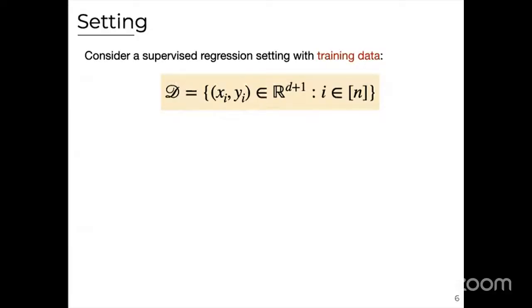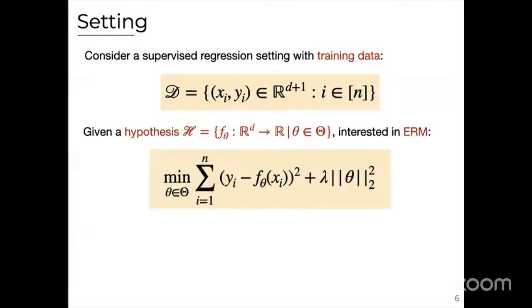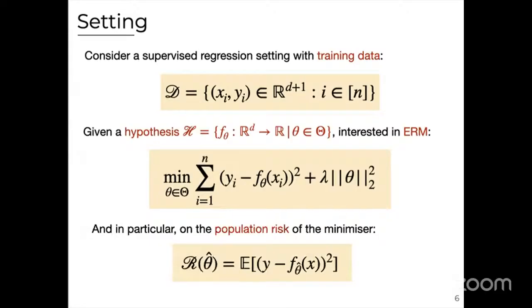Data is going to be x in R^d, y is a real label. Like we saw this morning, we're going to consider empirical risk minimization on a parametric hypothesis class, and we are interested in the risk. This is exactly the slide that I showed in the morning.